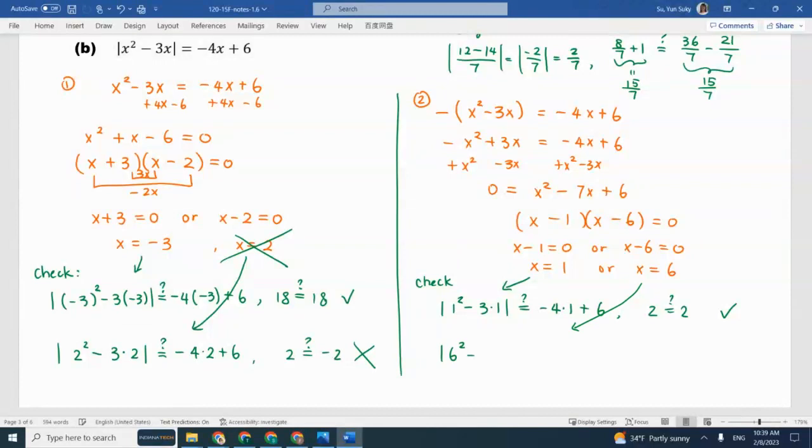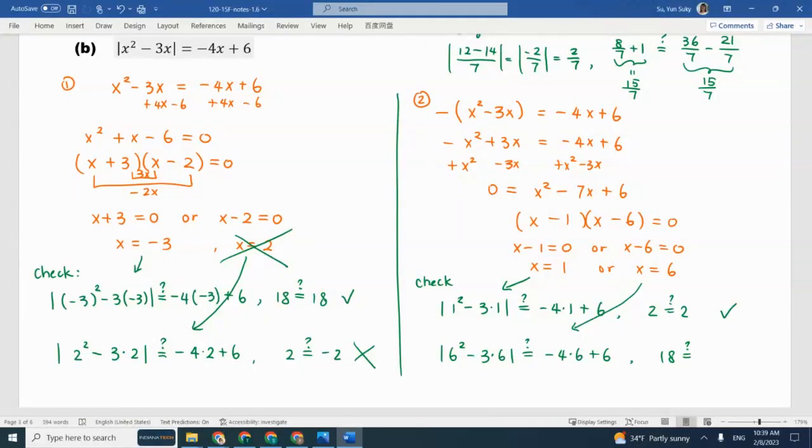So 6 squared minus 3 times 6. Is it equal to minus 4 times 6 plus 6? 6 squared, 36. 3 times 6, 18. 36 minus 18, 18. How about the right hand side?